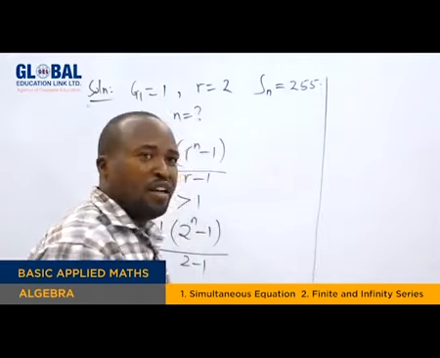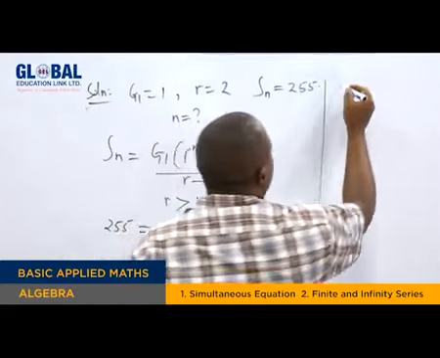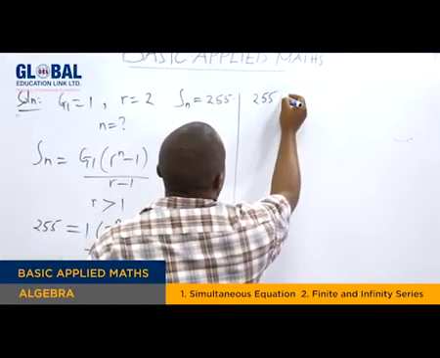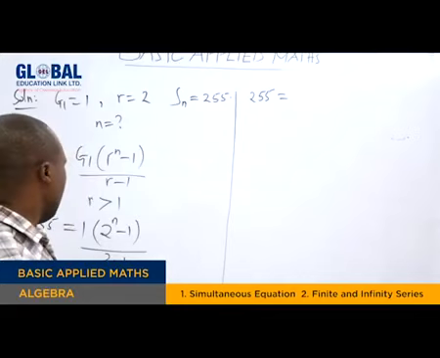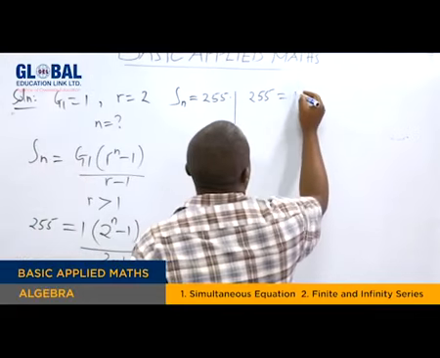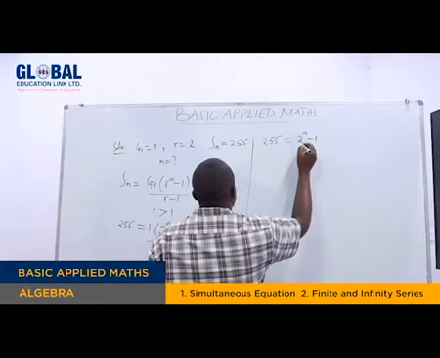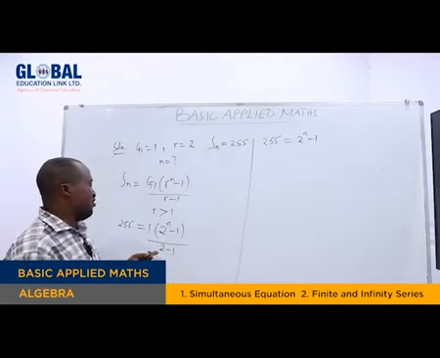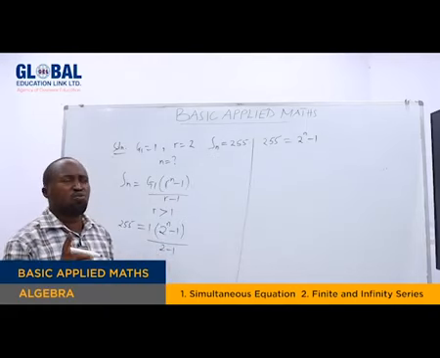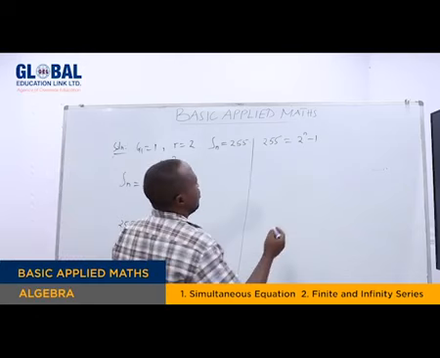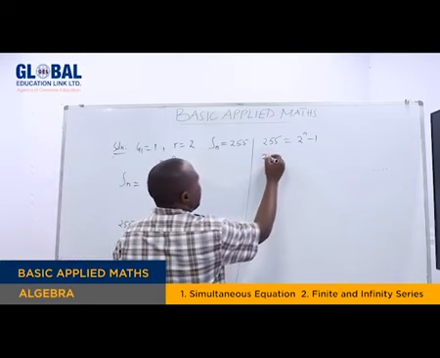So, my dear student, we are going to have 255, which is equal to 2 raised to N minus 1 over, of course, 2 minus 1, which is equal to 1. So this was going to be 255.